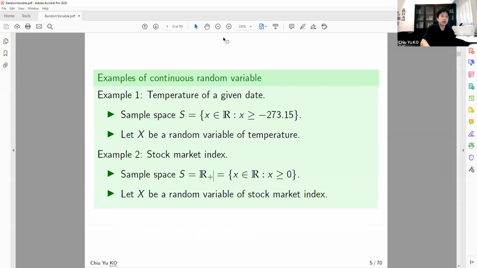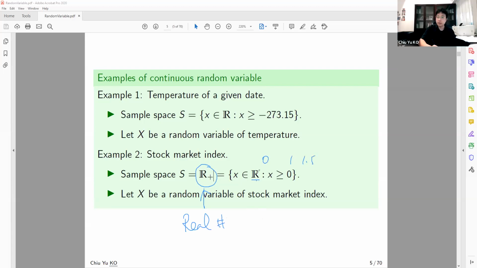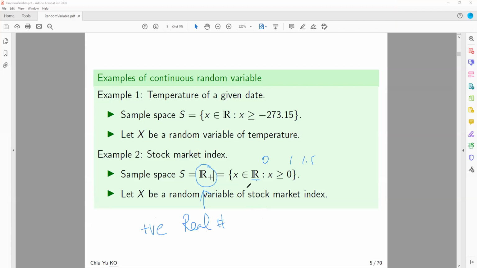Oh, this is a real line. This corresponds to the real number line, which is the real numbers. Real numbers are 0, 1, can be 1.5, any positive number. You know real number? Okay, this is real number, and this is positive real number. This is standard notation in math. Okay, thanks for asking.